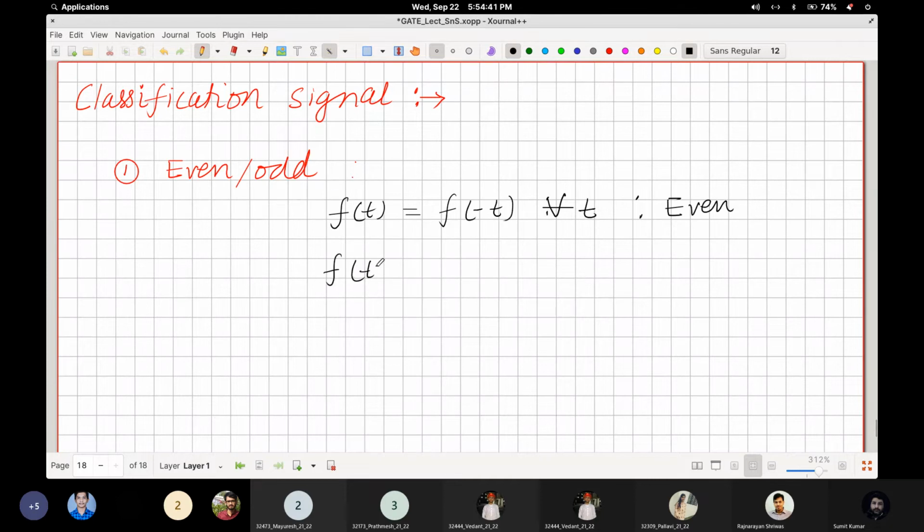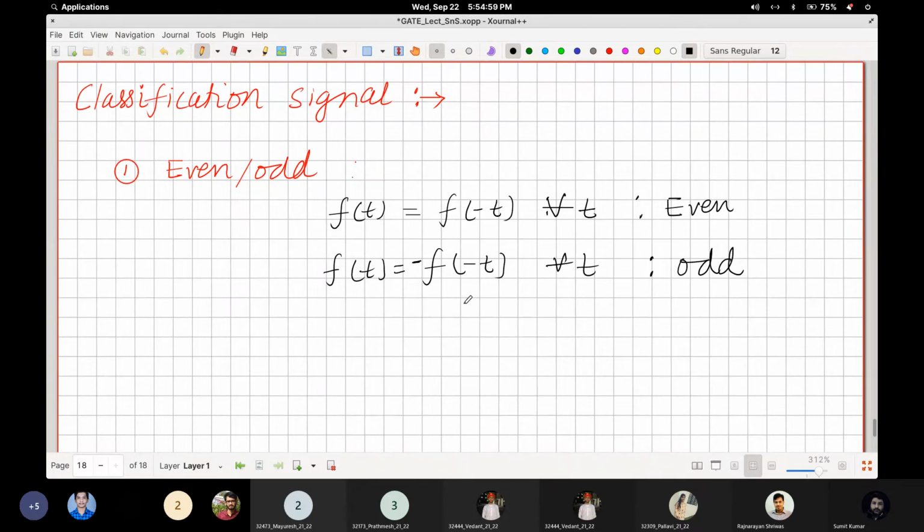And if f of t is equal to minus f of minus t, for all time t, then this signal will be called what? Odd. Is this clear to everyone?